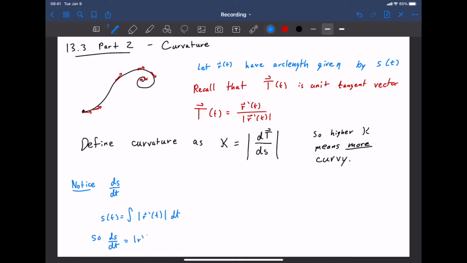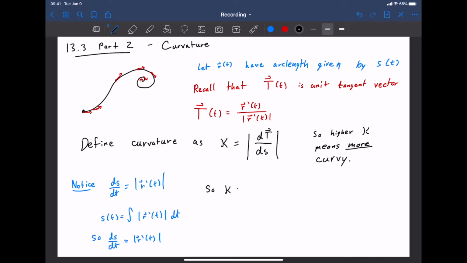It's just going to be the length of r prime of t. That is literally a consequence of the formula that we had in the last section for how we're getting arc length. If the arc length function is the antiderivative of the magnitude of r prime, then ds dt would be this.